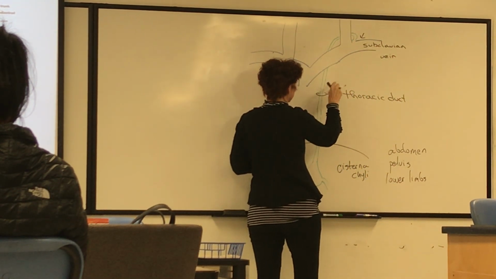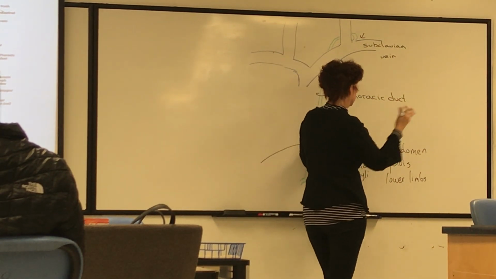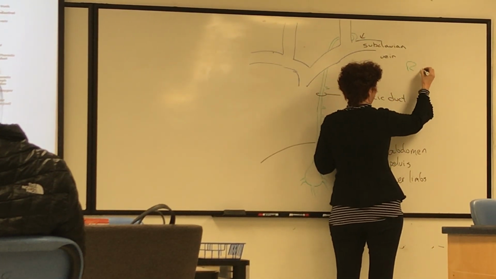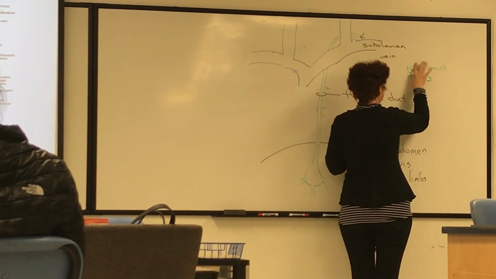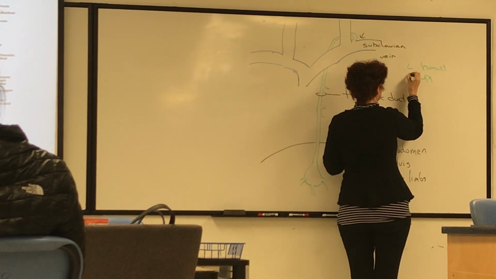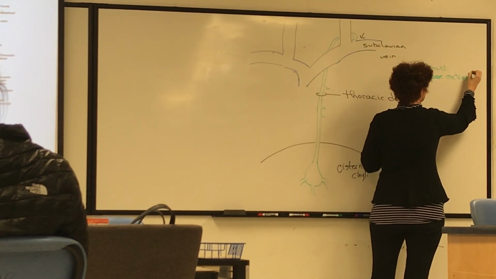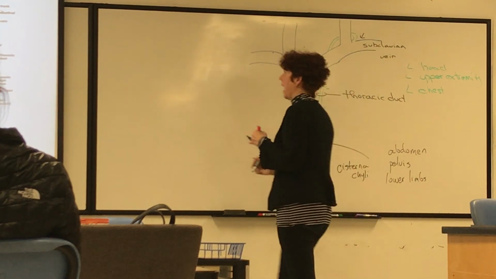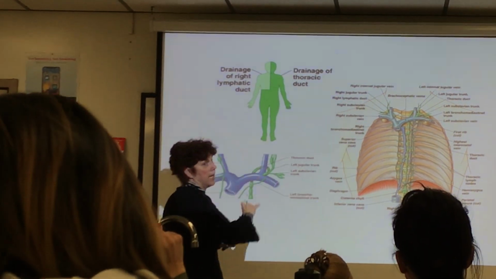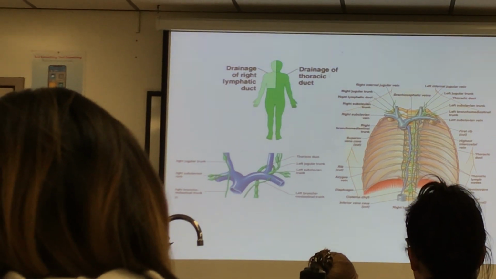Right up here is going to be receiving lymphatics from the right side of the head, right upper extremity, sorry, left side of the head, left upper extremity, and left chest. So you can see that asynchronous drainage here. All right, so everything in dark green is going to empty into the left subclavian via the thoracic duct.